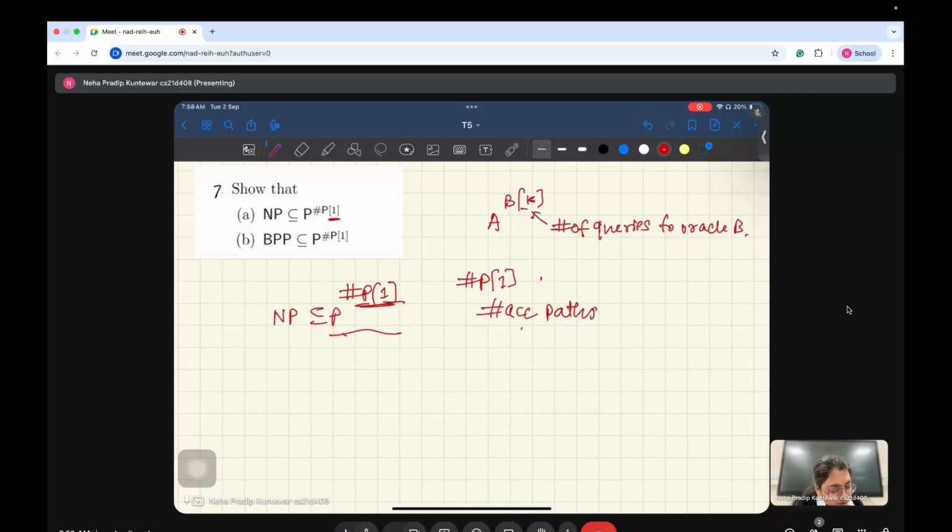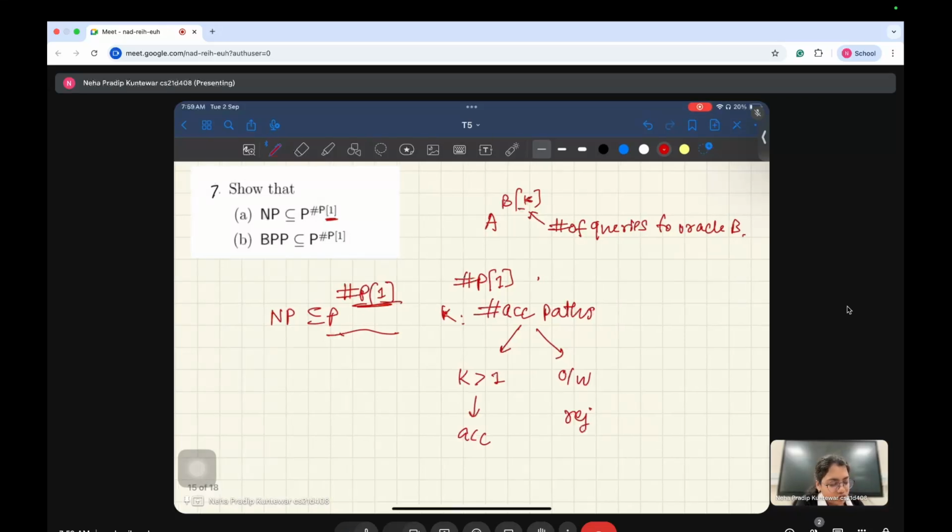If this number, let's call it k, is at least 1, then we are going to accept, otherwise we are going to reject, because that's what our NP oracle does. So if the number of accepting paths is at least 1, then we accept, otherwise we reject, and this number is what the sharp P query tells us.